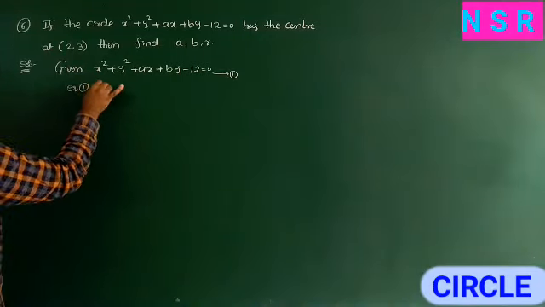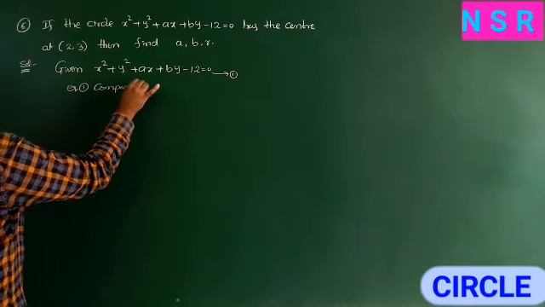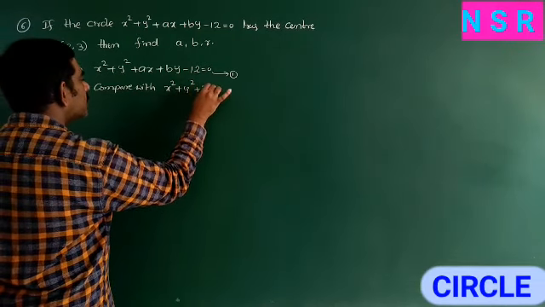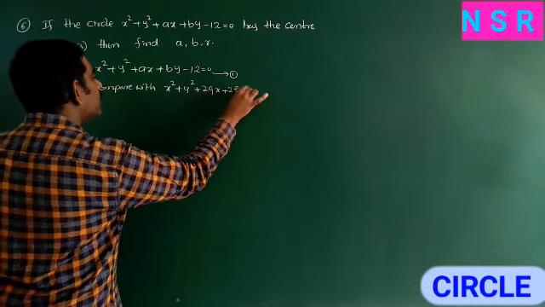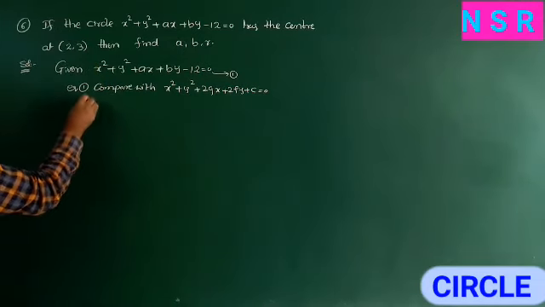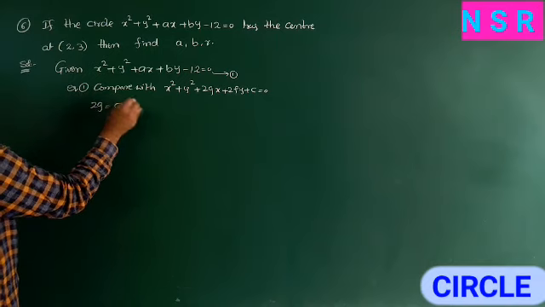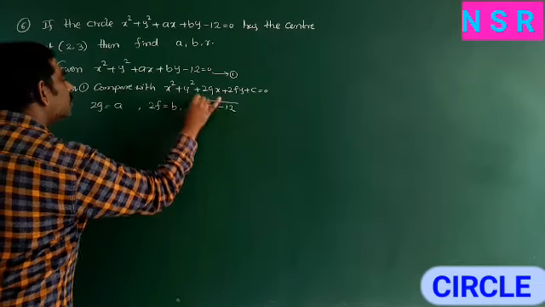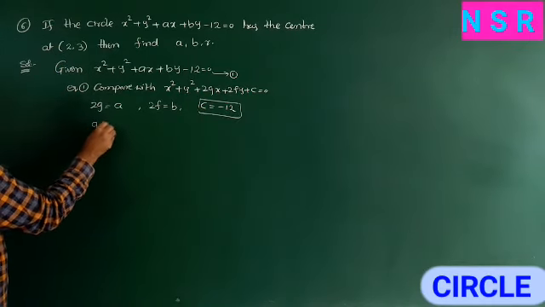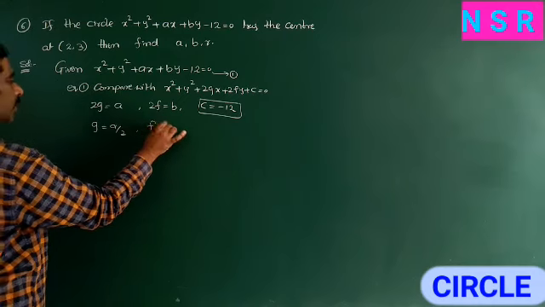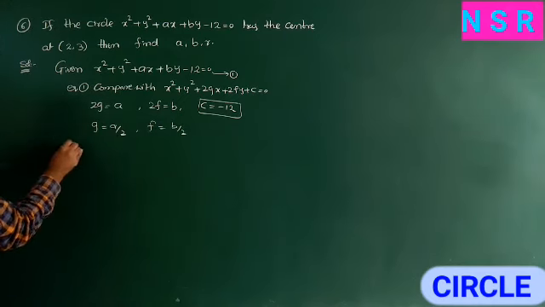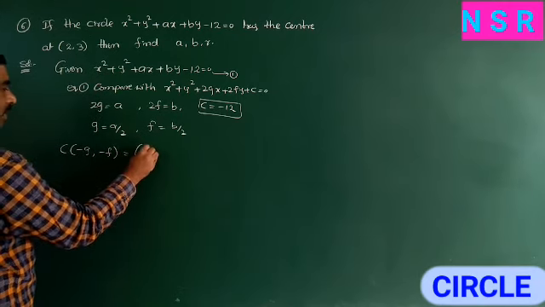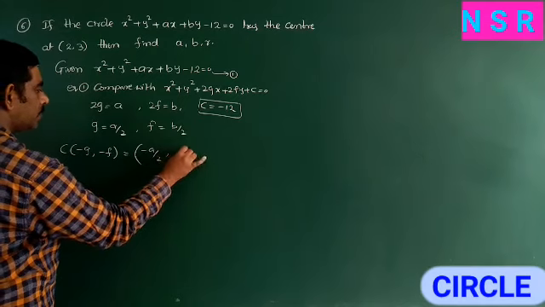Compare equation 1 with x square plus y square plus 2gx plus 2fy plus c equal to 0. Now 2g is equal to a, 2f equal to b and c equal to minus 12. Now g is equal to a by 2 and f equal to b by 2. Now the center is minus g comma minus f, so minus a by 2, minus b by 2.